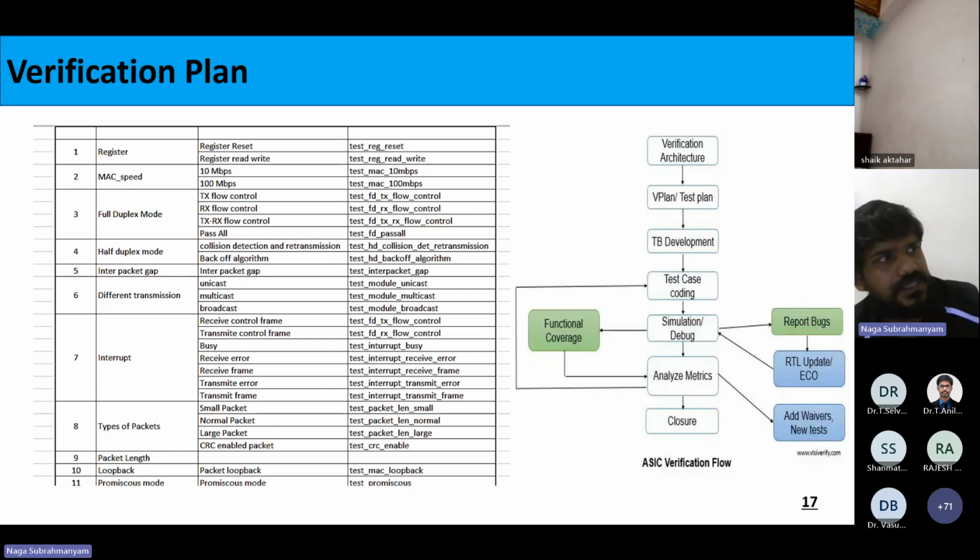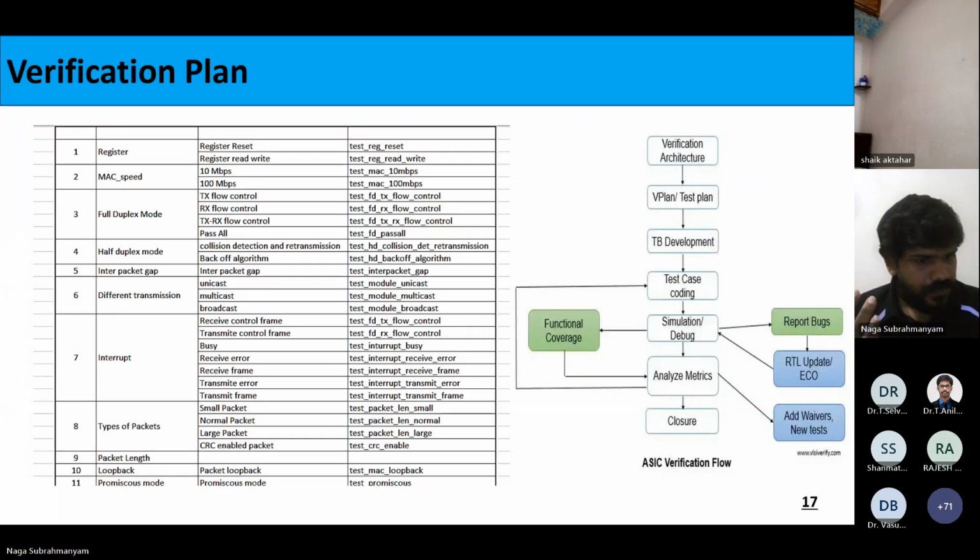Then I will understand whether the data coming from the Ethernet as a transmitter is proper or not, whether it is according to half duplex mode or not. That logic I'll put in my verification environment. Whatever data comes from the Ethernet, my verification logic will generate one data and these two will be compared. If they match, Ethernet is behaving properly in half duplex mode.